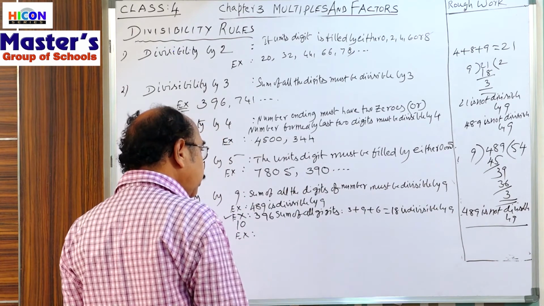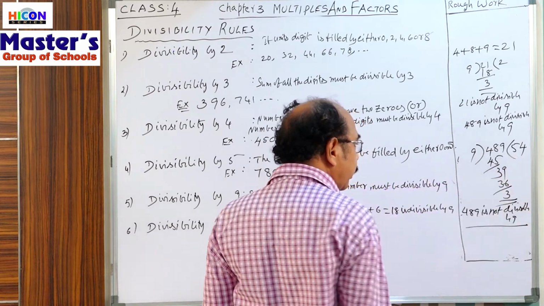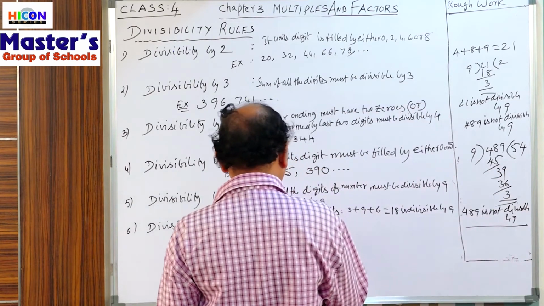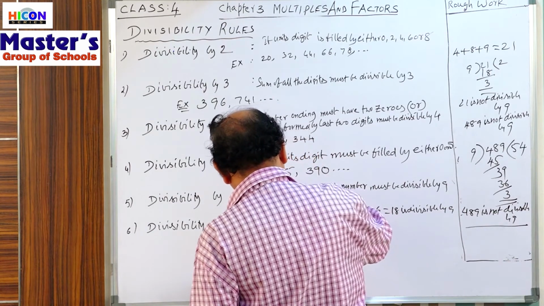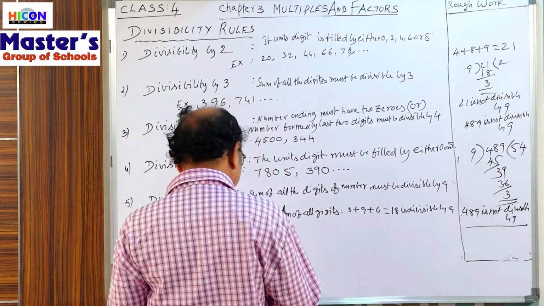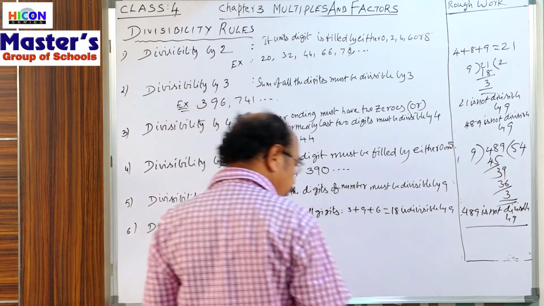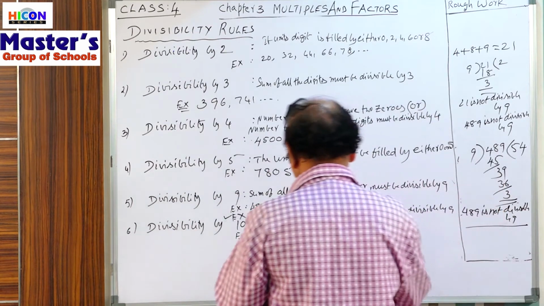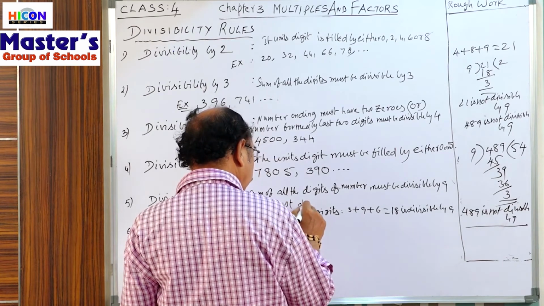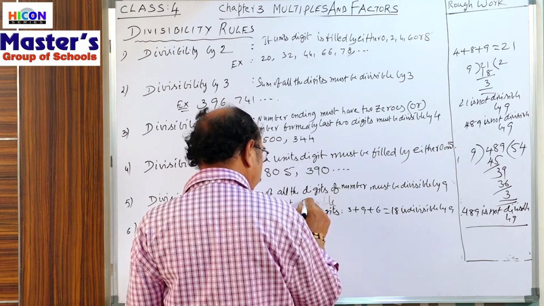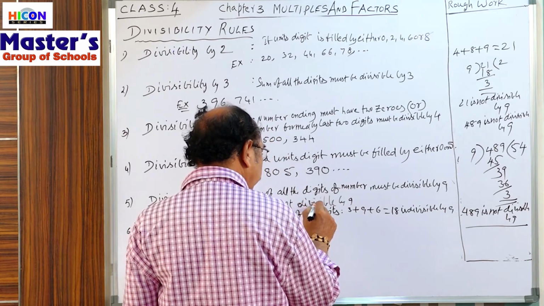So here we say 489 is not divisible by 9.